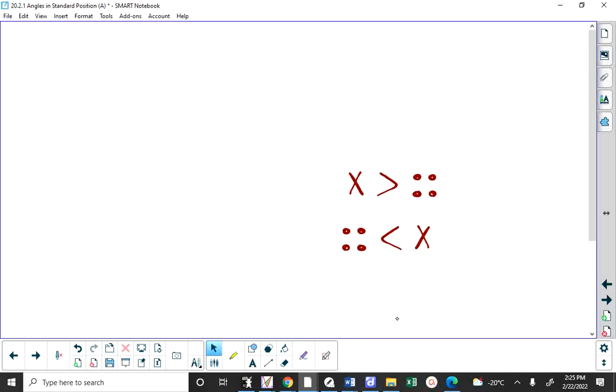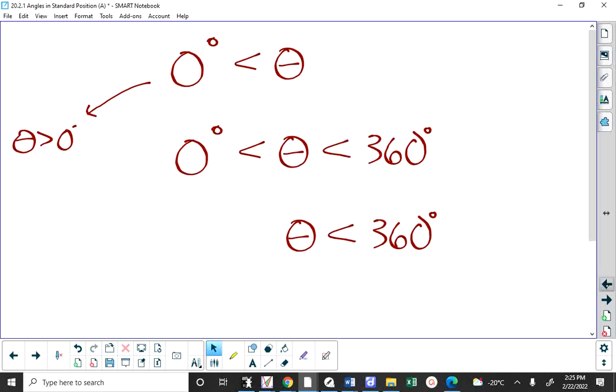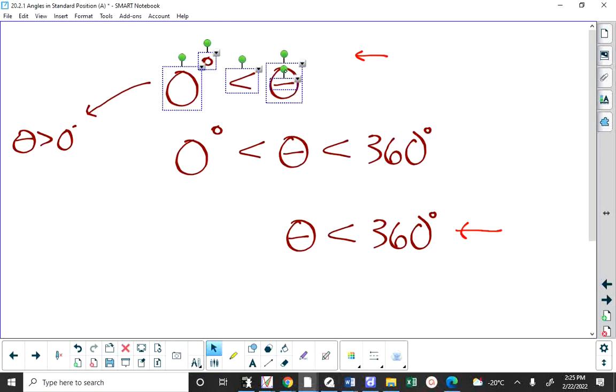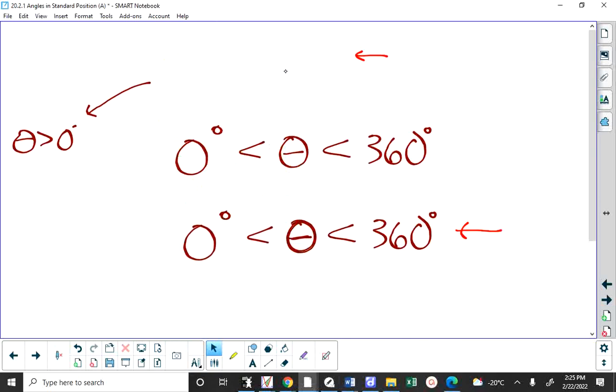So if 4 is less than x, x is greater than 4. So that's one of the things this is saying. It's saying that the angle is more than 0 and the angle is less than 360. This is saying the angle is more than 0. This is saying it's less than 360. When you put them together, it's like a run-on sentence, really, is what it looks like.